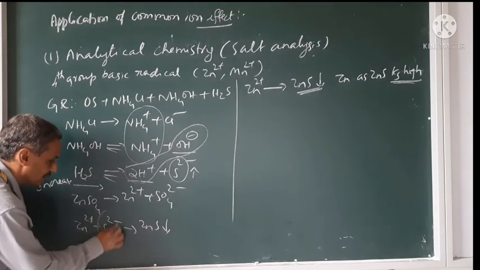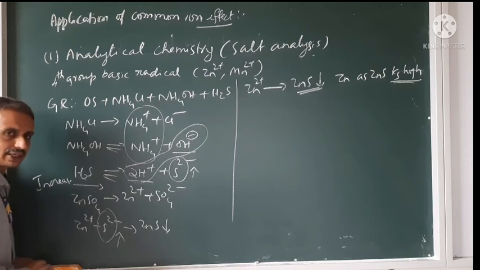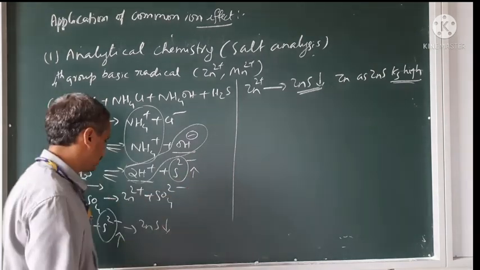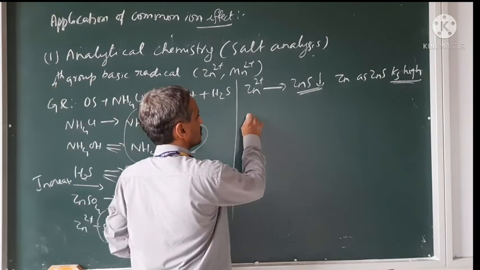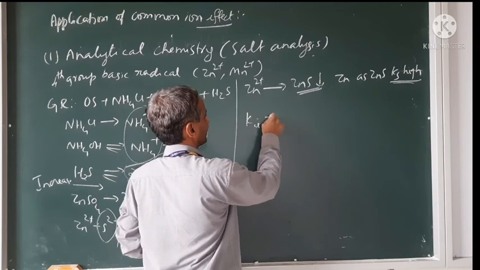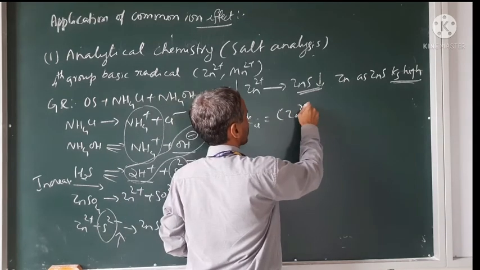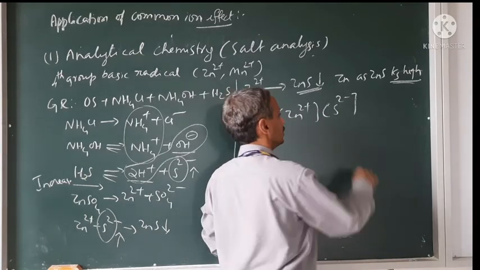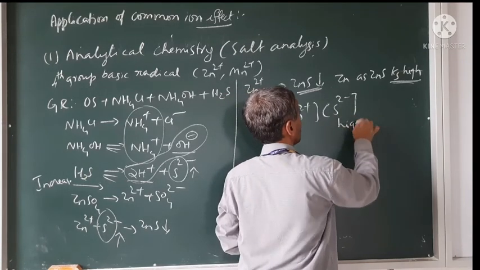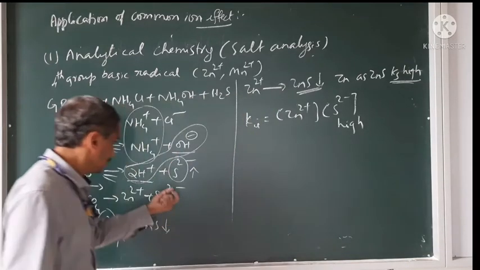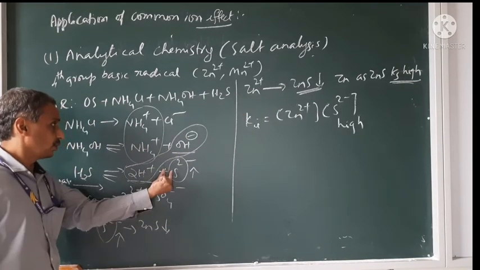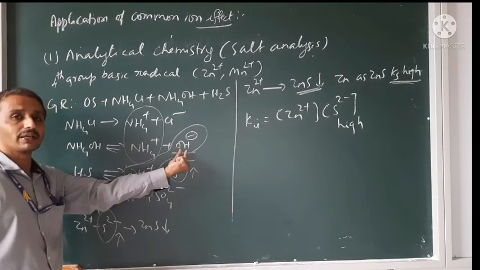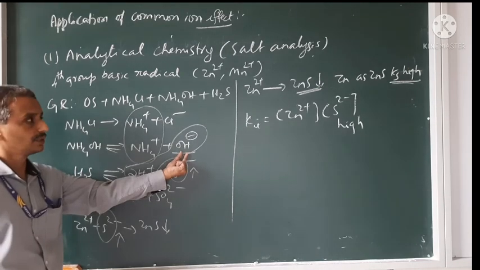So when this is increasing, what happens there? Definitely, the ionic product is equal to zinc 2 plus concentration times S2 minus concentration. This becomes high because of the removal of certain H plus ion by reaction with OH minus ion.